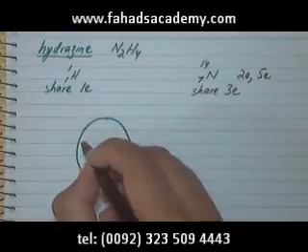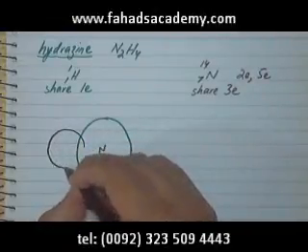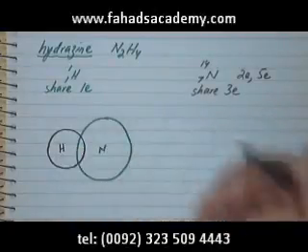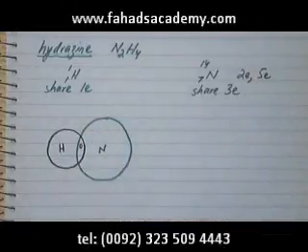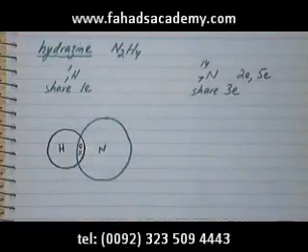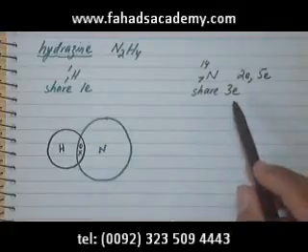So this here is a hydrogen atom. Now the problem is nitrogen still wants to share 2 more electrons. It wants to share a total of 3 electrons.